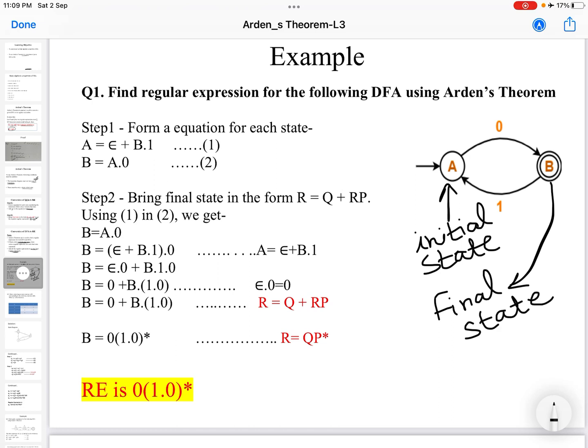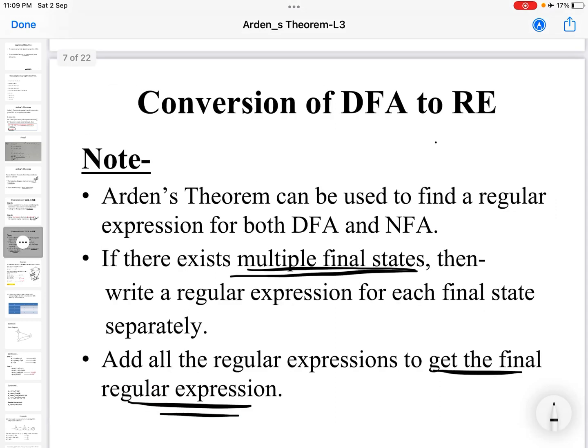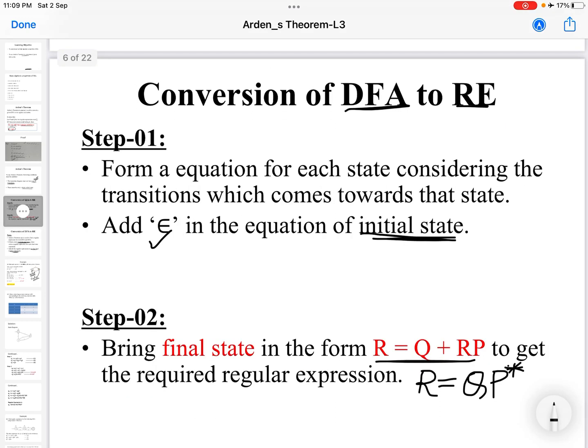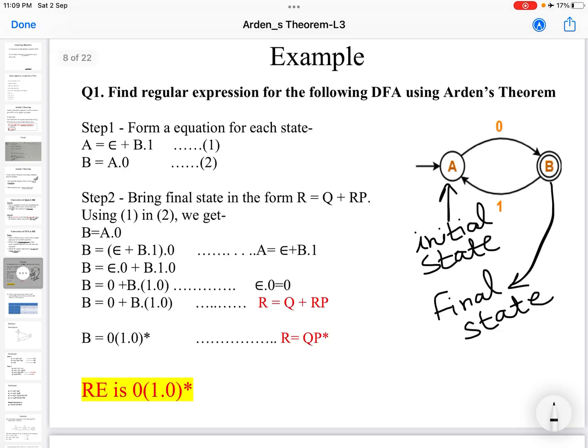For the initial state, we have to mention epsilon. So we write A is equal to epsilon plus B into 1, because 1 is going towards A from B. And B is equal to, B being the final state, A into 0, because 0 is going from A towards B.